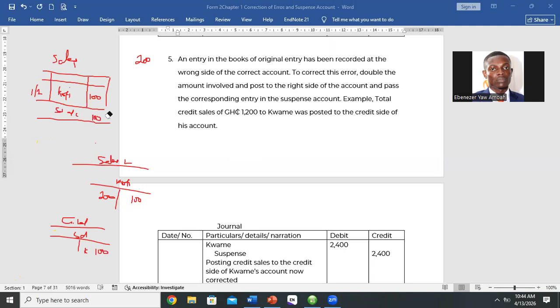So I'm using an example here that we have prepared the sales day book, which records credit sales.